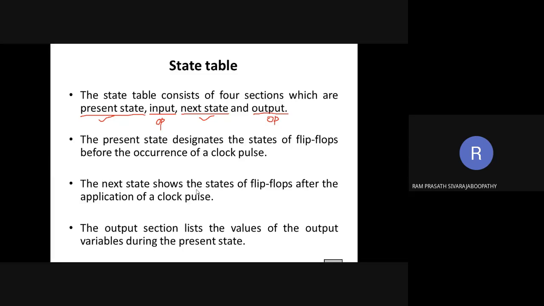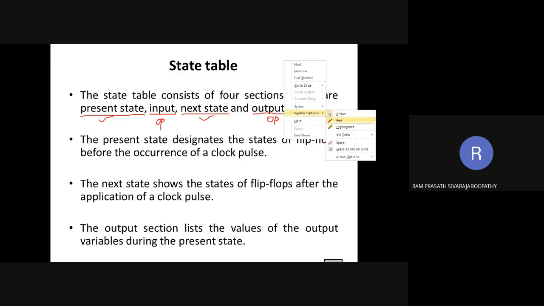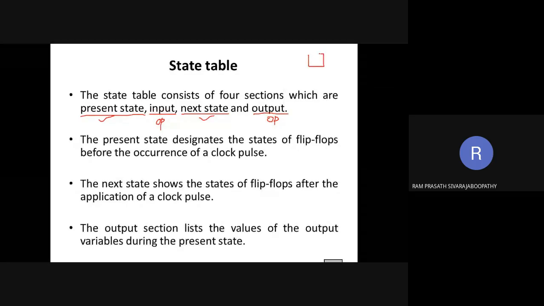Fine. If I say a counter with 2 flip-flops, consider 2 flip-flops. So 2 flip-flop எடுத்துக்கலாம். Both are provided with same clock pulse. We'll be having the output of the flip-flops.